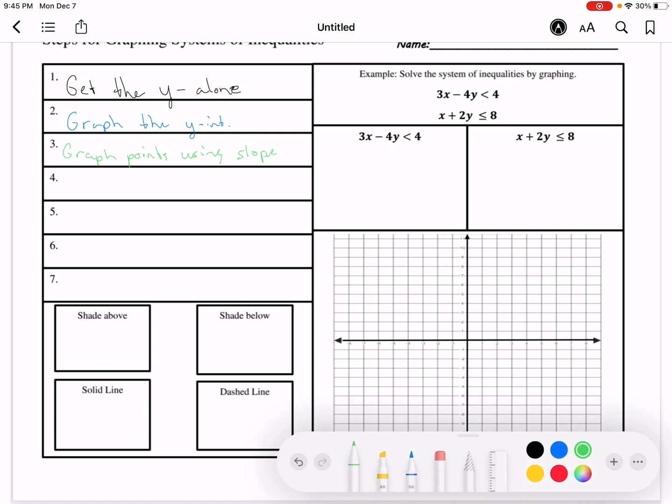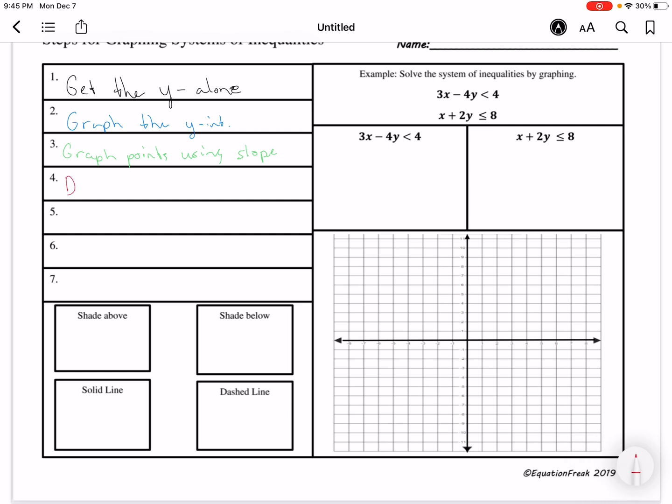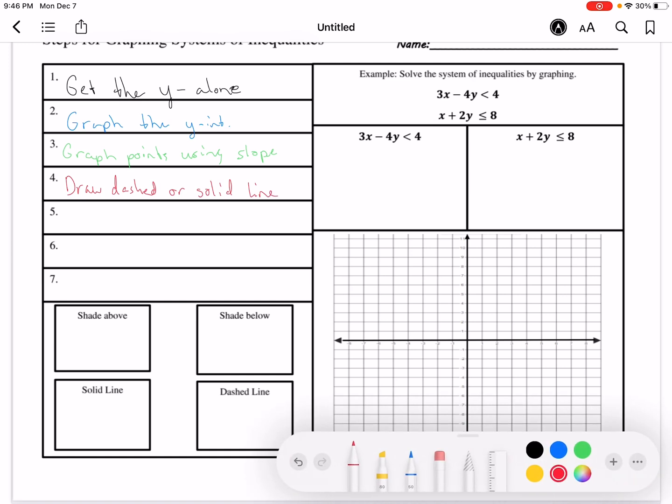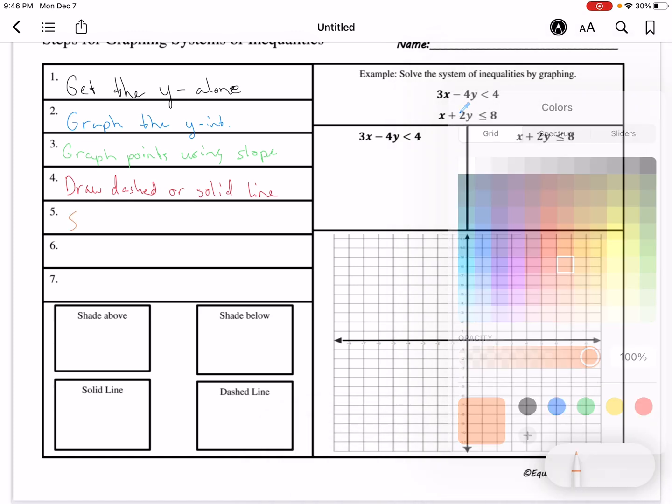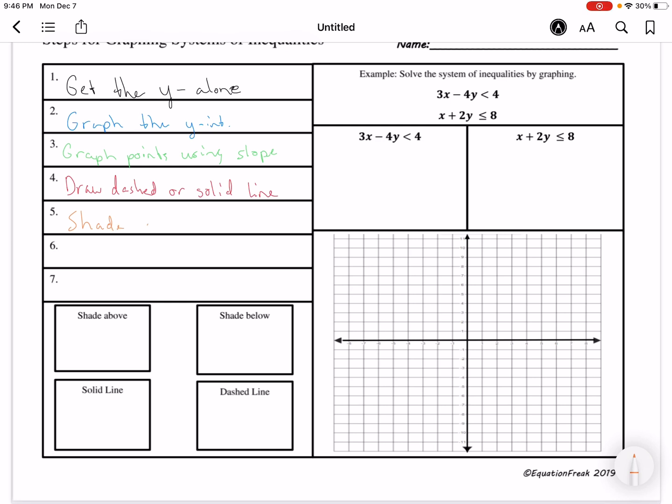Okay, step four is going to be draw our dashed or solid line. Okay, step five is going to be shade above or below.